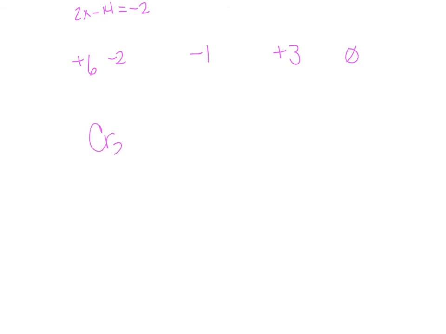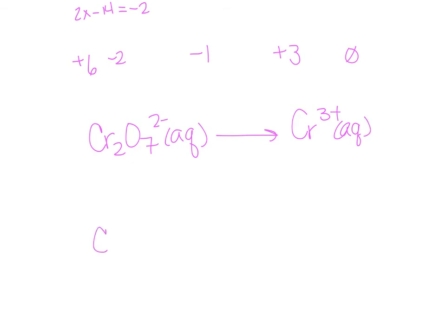I'm going to have Cr2O7 2 minus aqueous going into Cr3 plus aqueous. Then I also have my Cl minus aqueous going to Cl2 gas.